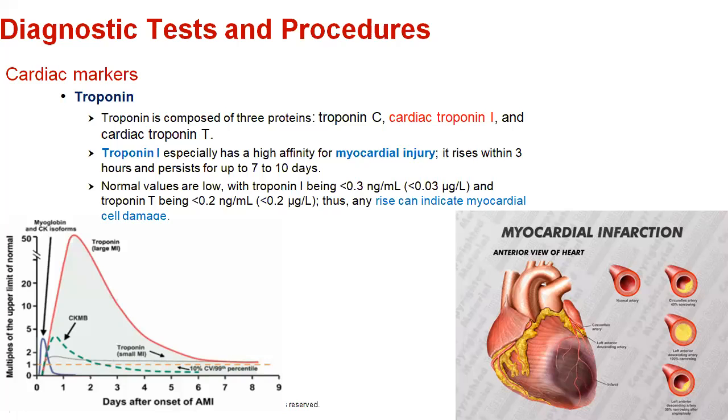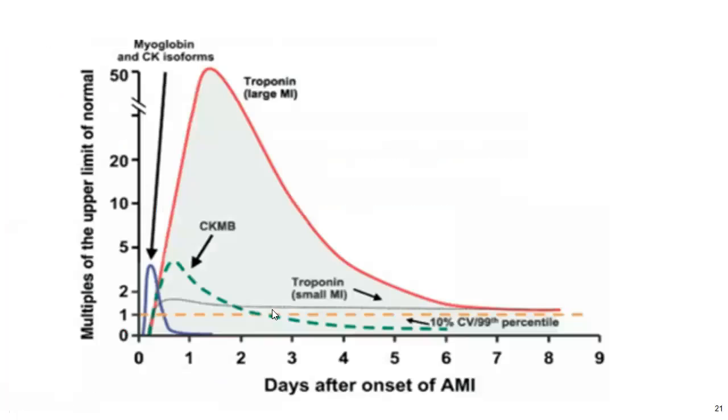So troponin T should be less than 0.1 nanogram per liter. If myocardial ischemia develops, troponin T is elevated for 10 to 14 days. Troponin I is elevated for 7 to 10 days, but troponin T is elevated for 10 to 14 days.